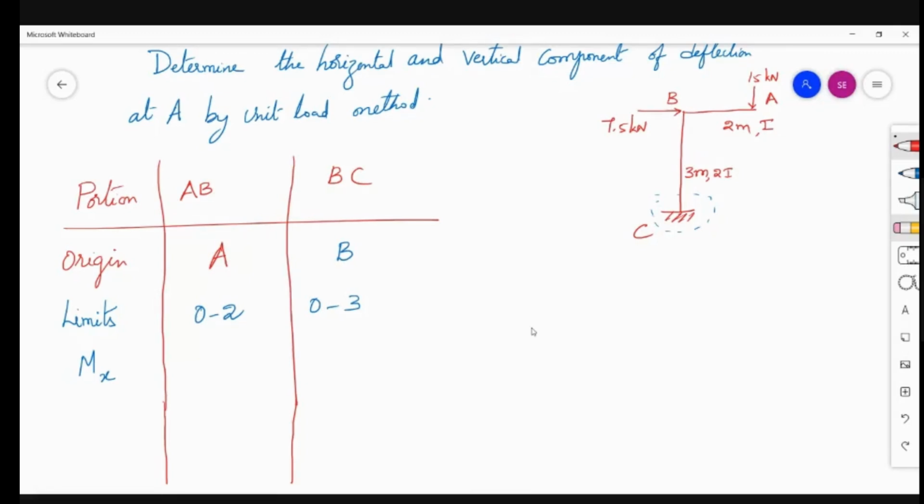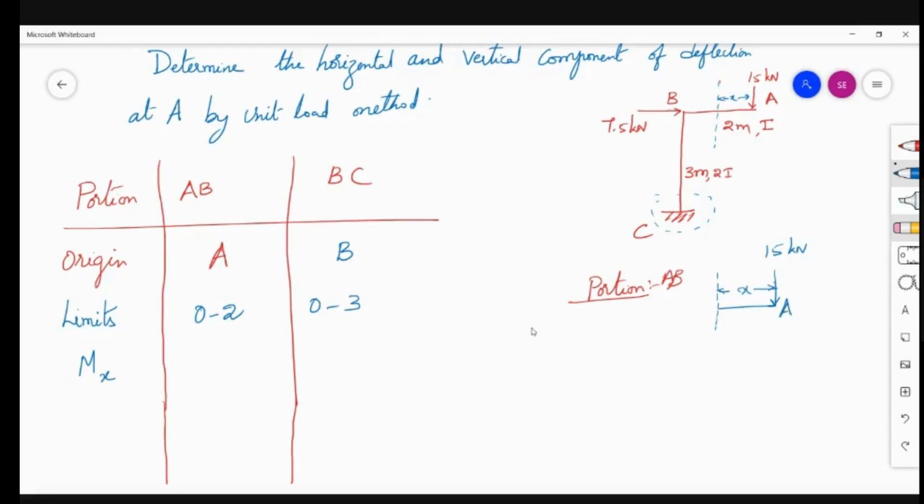Now I will just consider this portion AB. So you just consider a section at a distance of x from A. This is x, this is 15 kilonewtons.